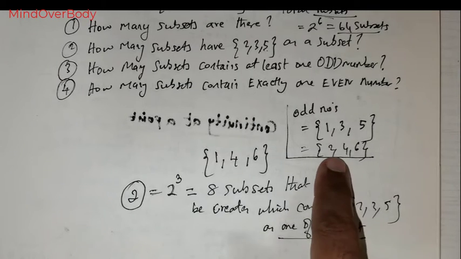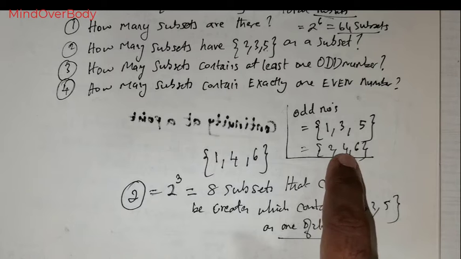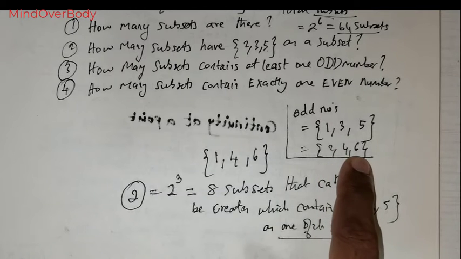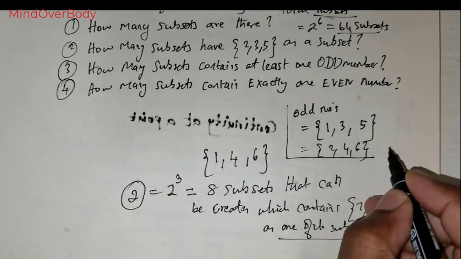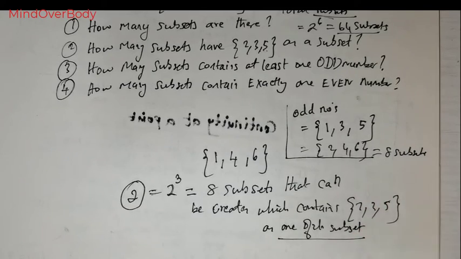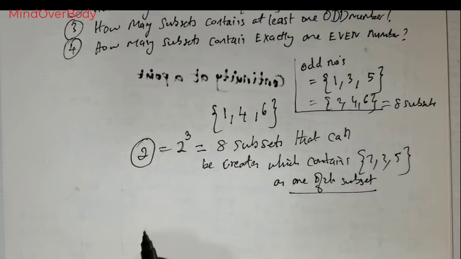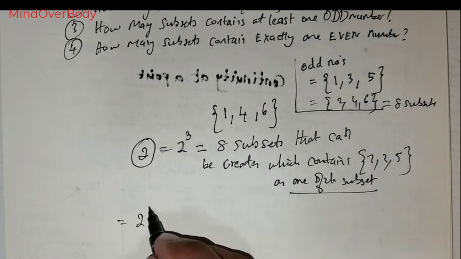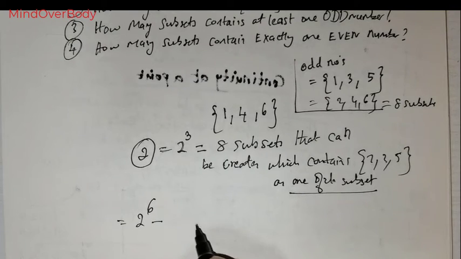So if you were to obtain all subsets with 2, 4, 6, then we will have 8 such subsets. Now to get the solution to question number 3, from 2 raised to the power of 6, I need to just remove 2 raised to the power of 3.